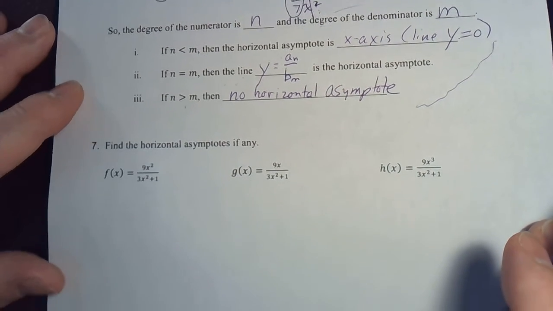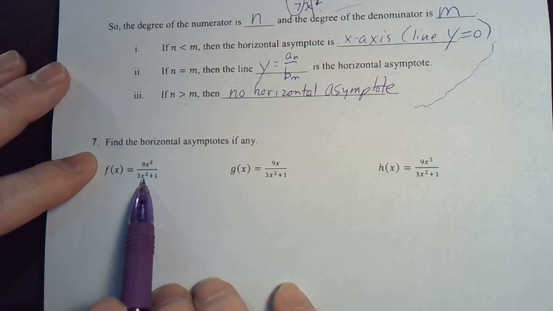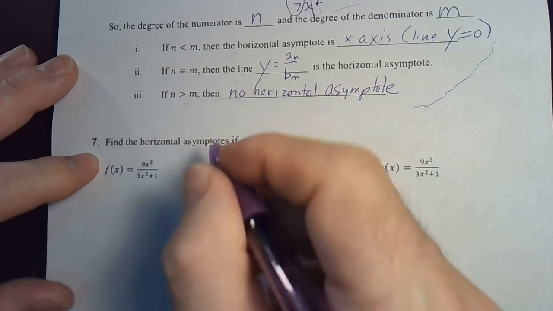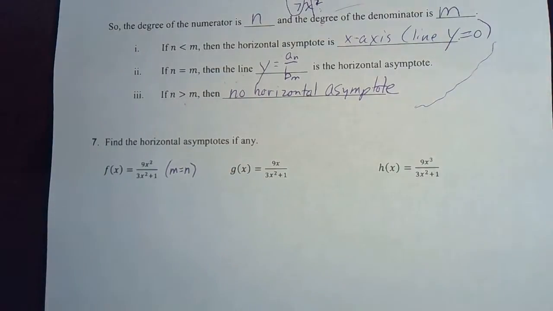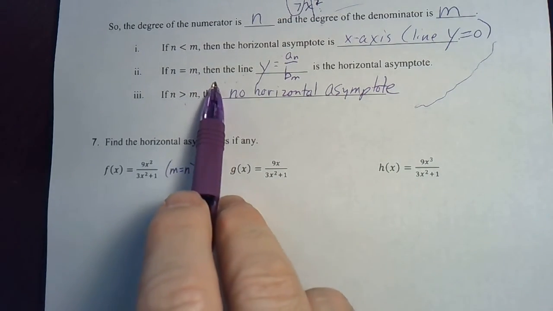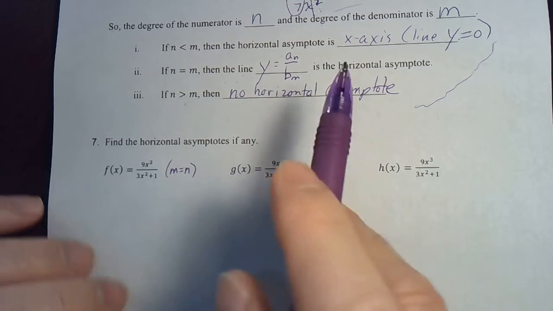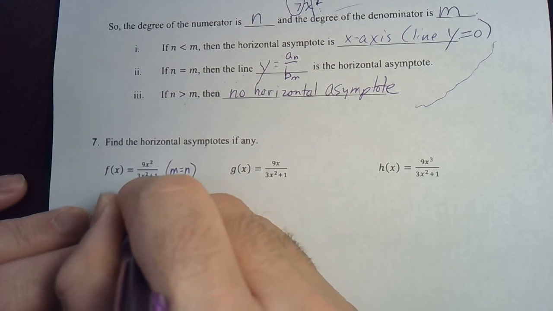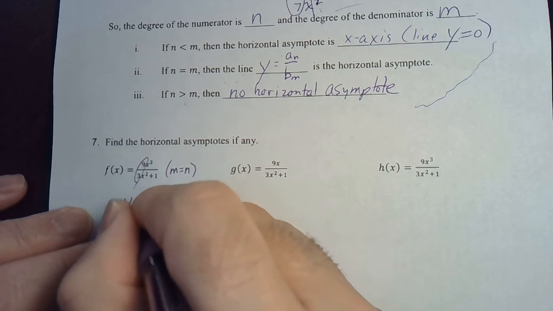Our first one is f of x is 9x squared over 3x squared plus 1. So I'll just make a note. The degree of the top is 2, the degree of the bottom is 2, right? x squared, x squared. So when they're equal, what did we learn? The horizontal asymptote is the line y equals 9 over 3.